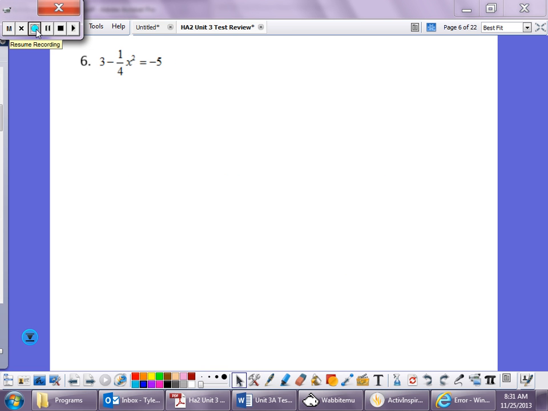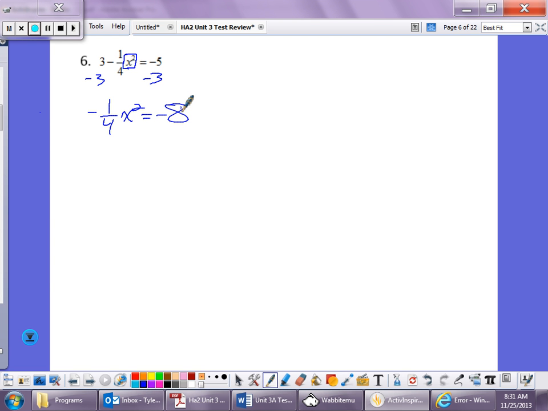So for number 6, it tells you to solve using quadratics, I believe. So the first thing you want to do is isolate x squared, if you can, using square roots. So you want to get this all by itself. So first subtract 3. So you get negative 1/4 x squared equals negative 8.